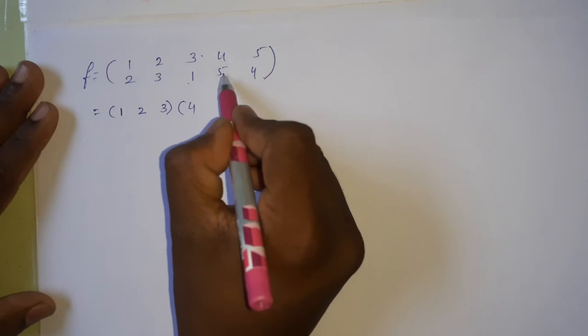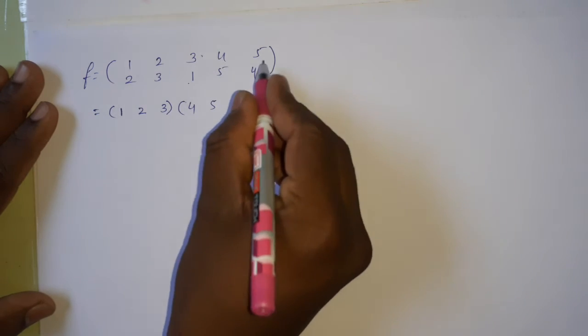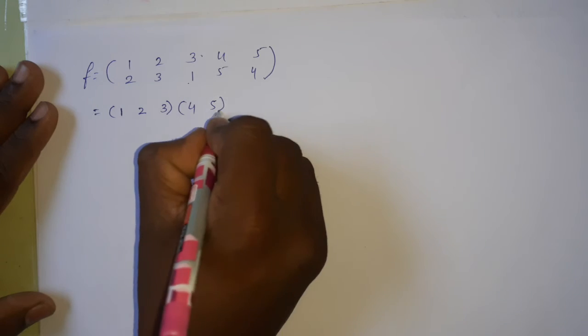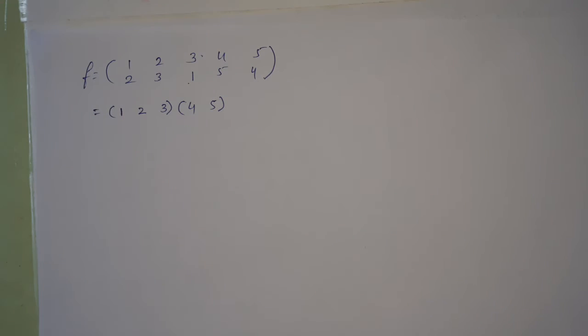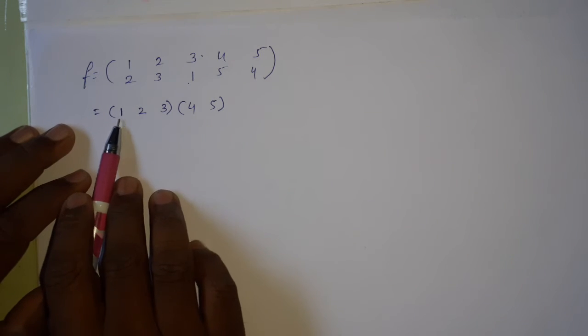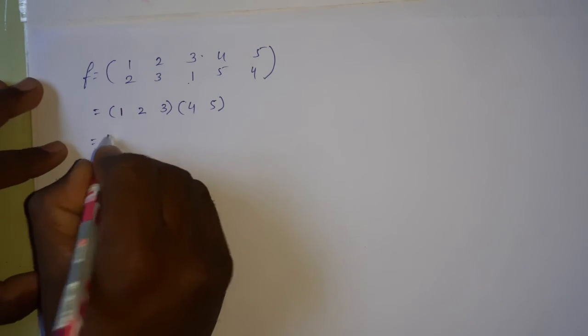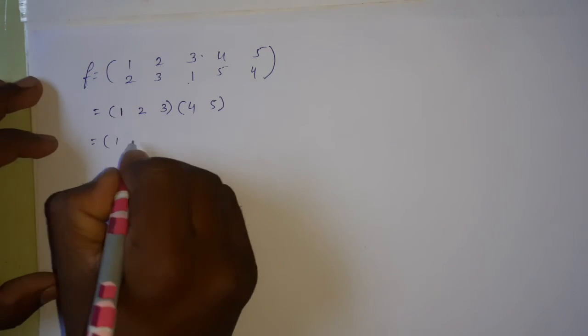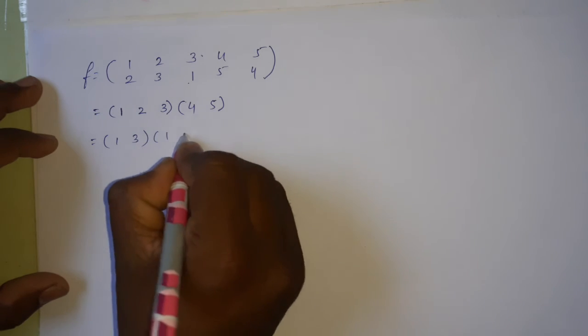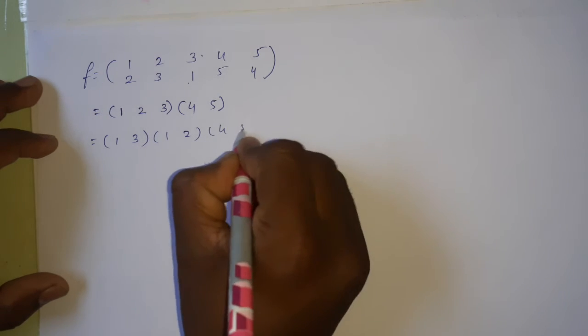What is the image of 4? 5. And what is the image of 5? 4. So therefore it completes. Now we can express this as (1 3)(1 2) and (4 5).